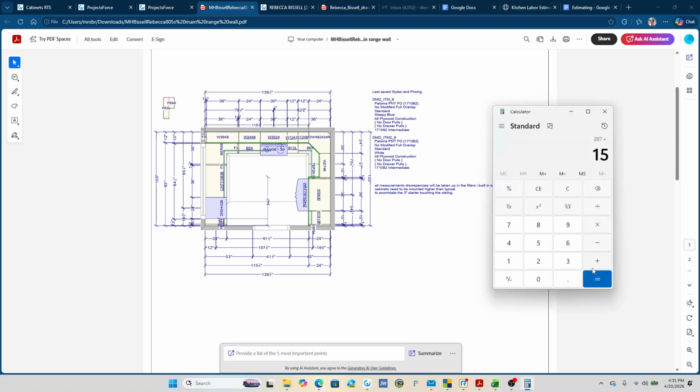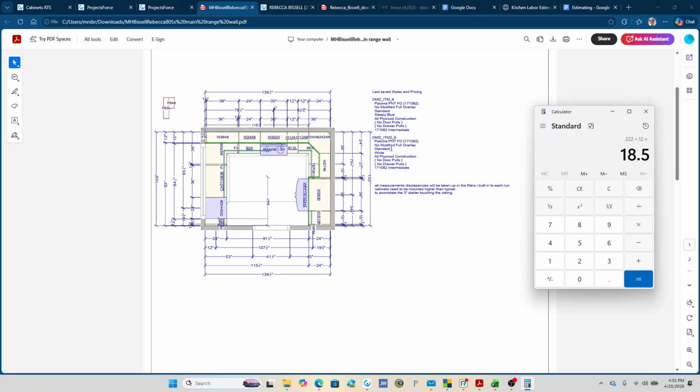Hello, calculator. So we have 222 inches of crown. If you divide that by 12, we get 18.5 feet. But because he already told me there's going to be crown and riser, we know that because he says there's no modified full overlay, so that means there's nowhere to staple the crown to. That gets taken up in the fillers built in each run.